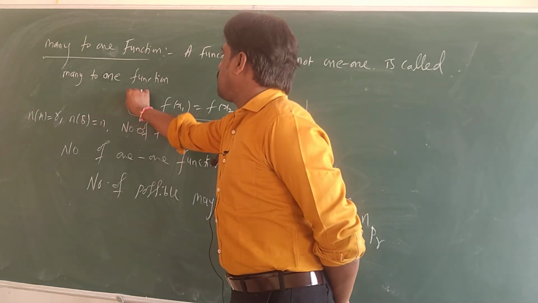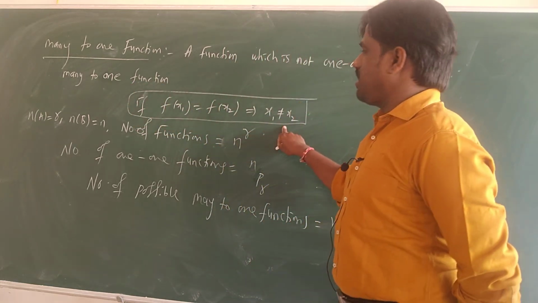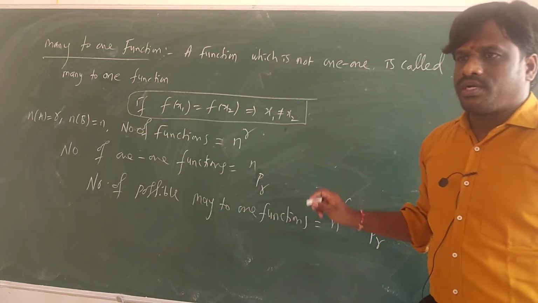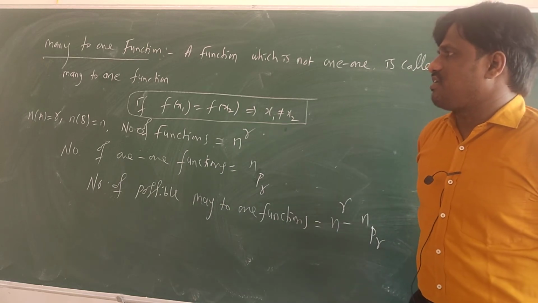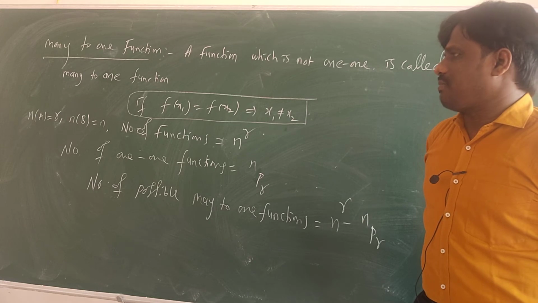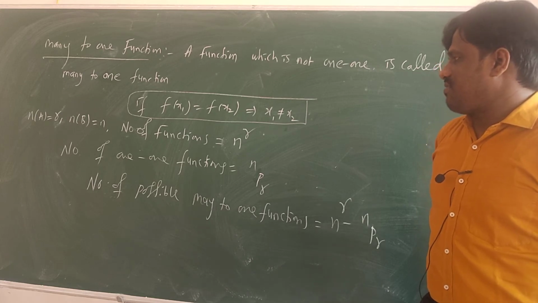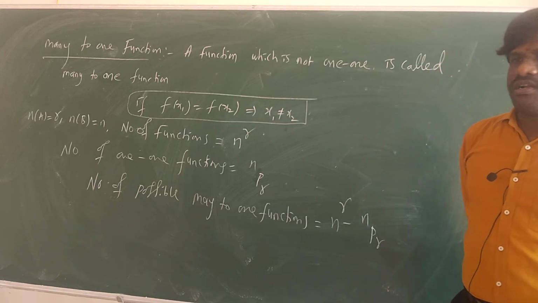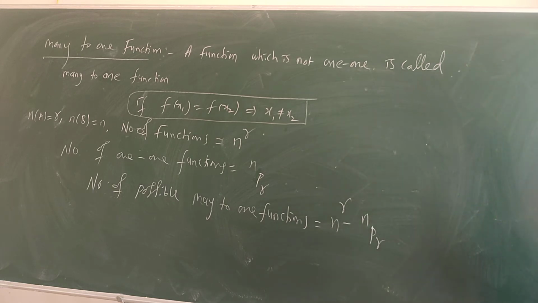But in this case, x1 will not be equal to x2. Okay, and then if number of A is r and number of B is n, the number of functions is n power r, and the number of 1-1 functions is nPr. The number of many-to-one functions is n power r minus nPr. Okay, these are the formulas.